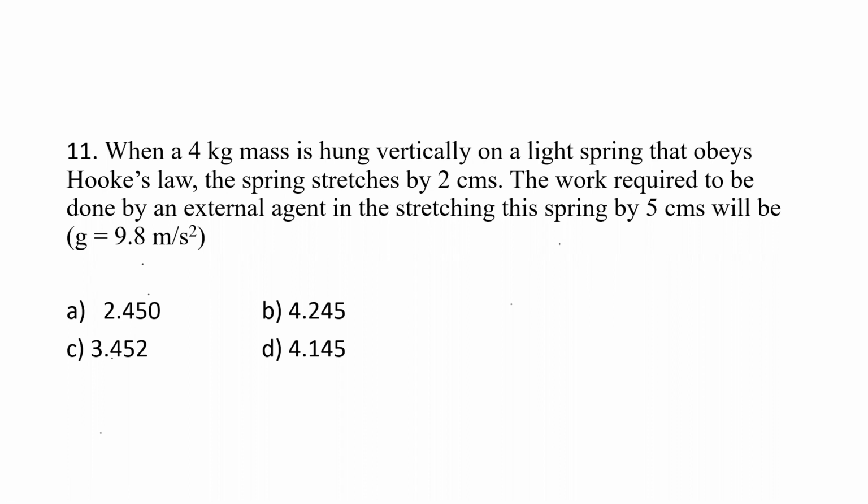So they have given a mass as 4 kg. It obeys Hooke's law. The spring stretches by 2 centimeter. The work done on the spring is, when it is increasing by again 5 centimeter. Acceleration due to gravity is given as 9.8 meter per second square.